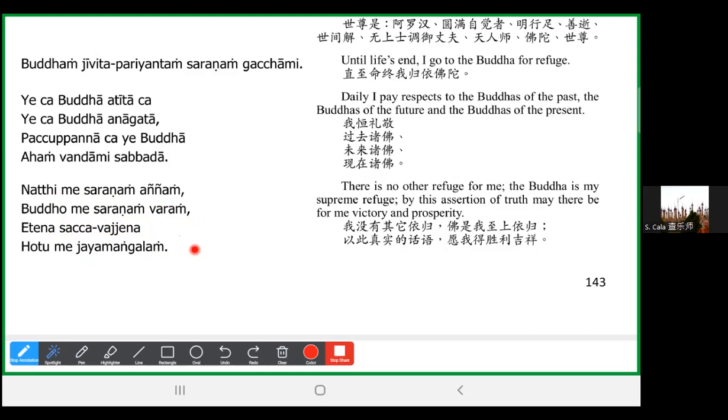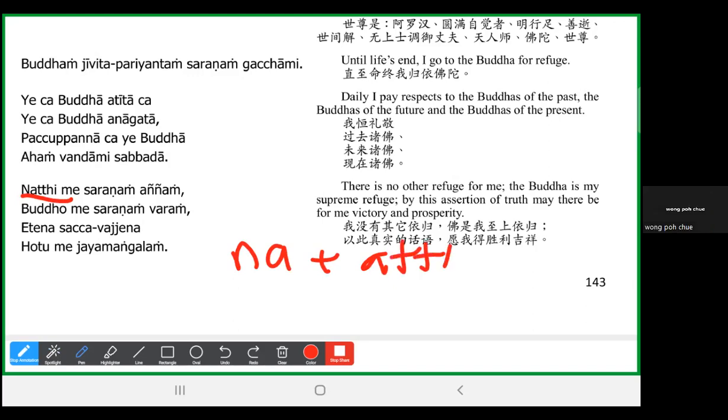All right. So look at the first sentence. Any verb that you can see? Any verb. Any action here. Nothing. Okay. Good. What's the meaning of natthi? Natthi, okay. What's the meaning of natthi?